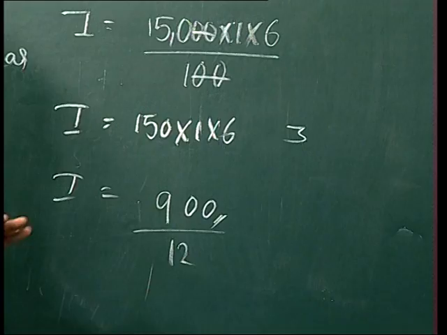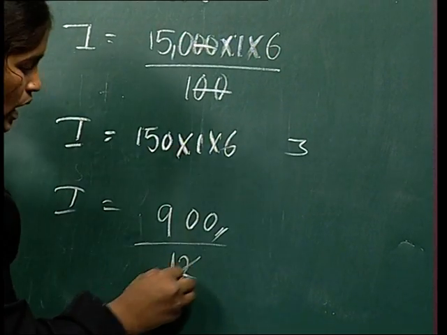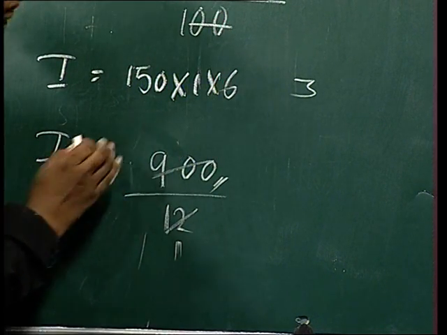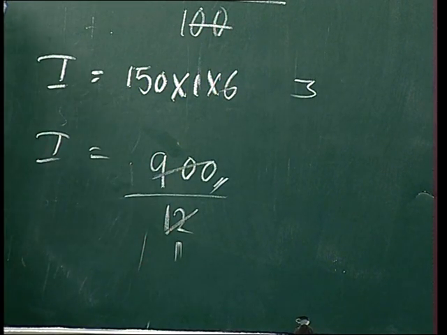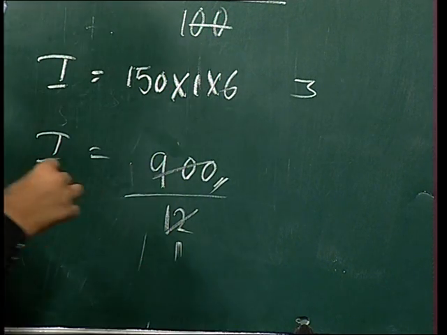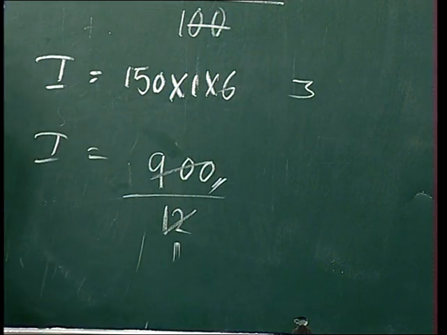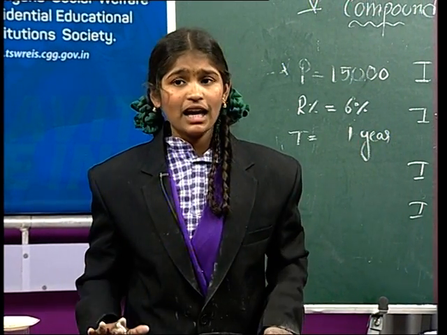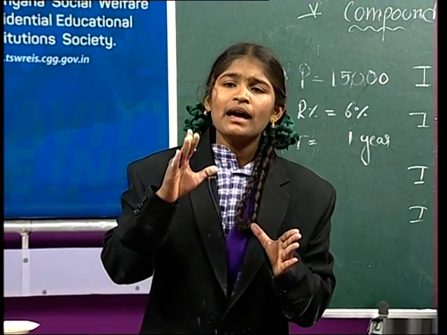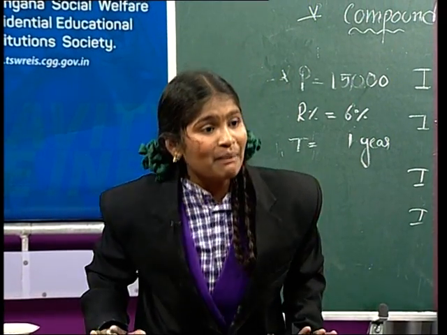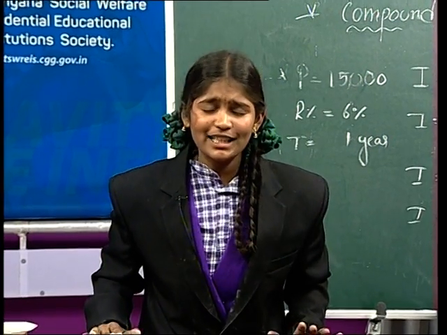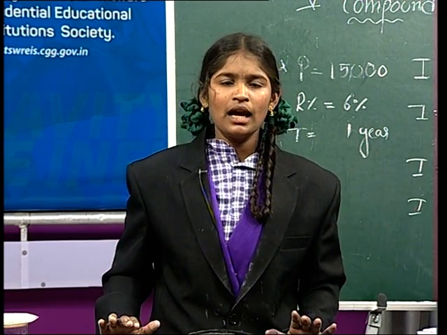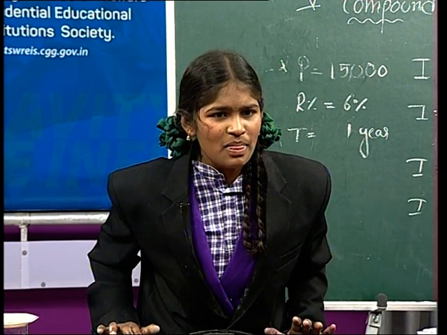For yearly, there are 12 months. 12 ones are 12, 12 fives are 60. So, Swaro, when you get the yearly interest, you can easily divide by 12, because 12 is the number of months, and then you get the monthly interest. Is your doubt clear, Swaro?